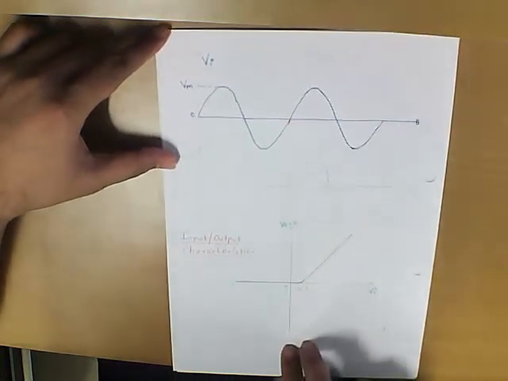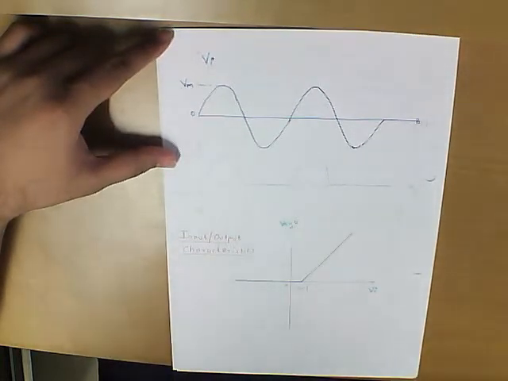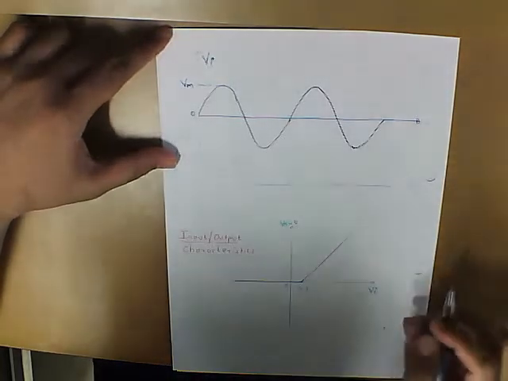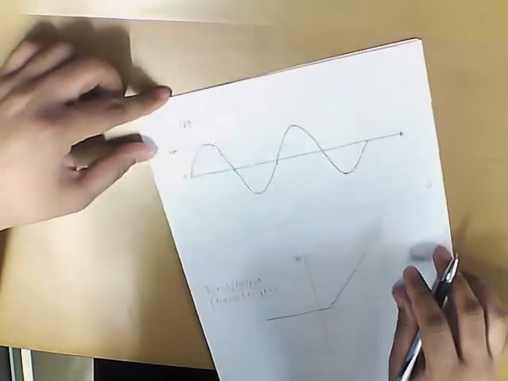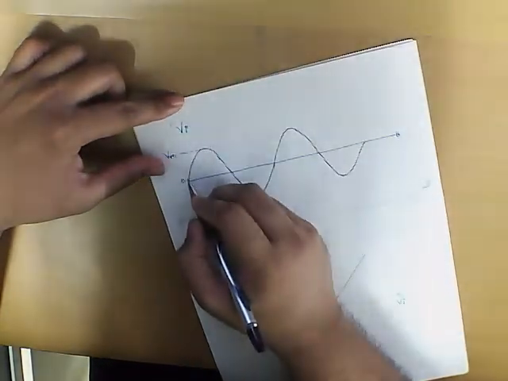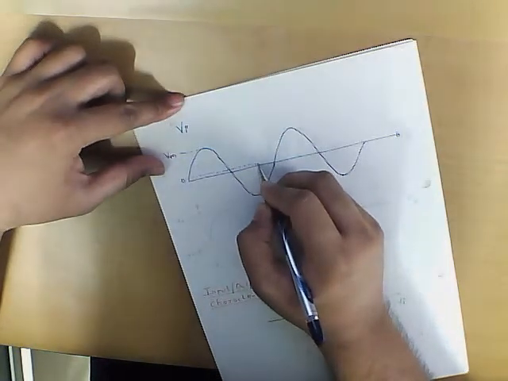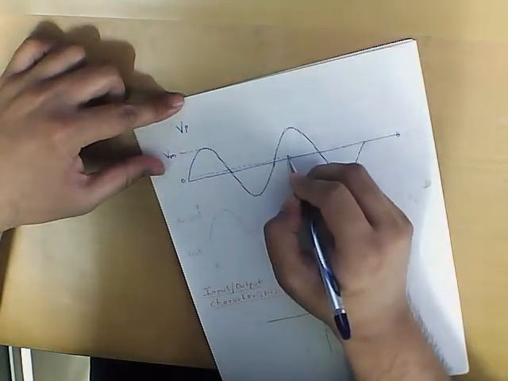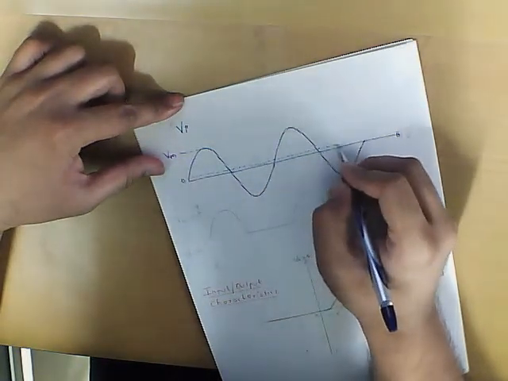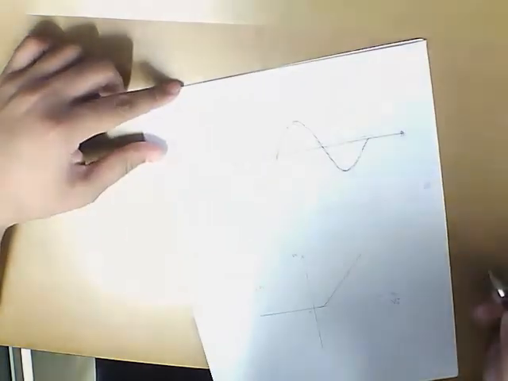Now as we can see that there is a diode, so the diode has got a forward voltage drop of 0.7 volts. So if we can just show that forward voltage drop of 0.7 volts in the input voltage itself, we could show it somewhere here, that is 0.7 volts.